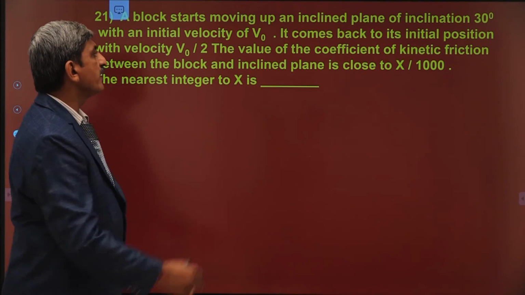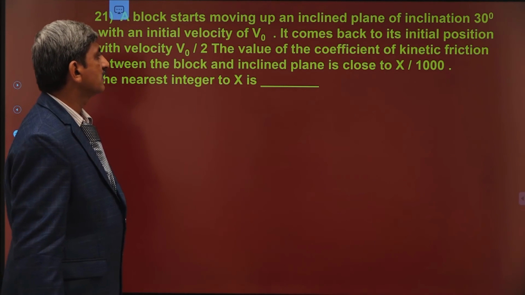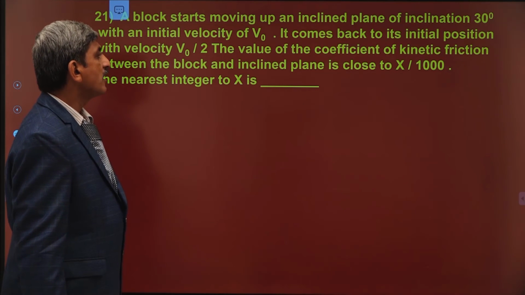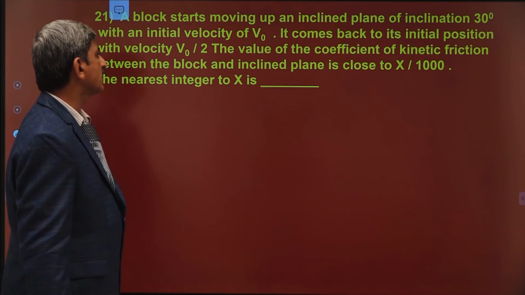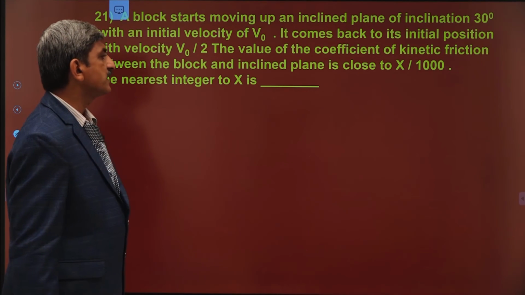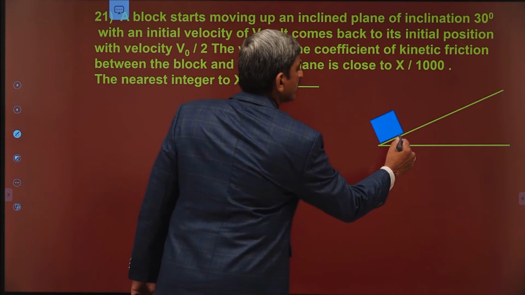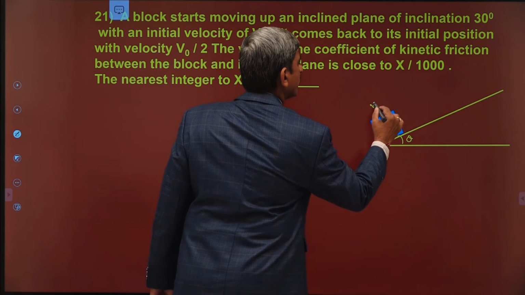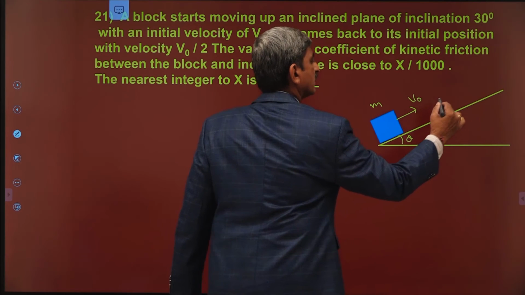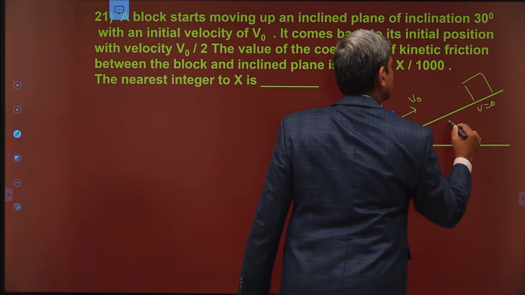A block starts moving up an inclined plane of inclination 30 degrees with an initial velocity of v0. It comes back to its initial position with a velocity v0 by 2. The value of the coefficient of kinetic friction between the block and the inclined plane is close to x by 100. The nearest integer to x is dash. See here, we have an inclined plane of inclination theta on which a body is placed. It is moving up with a velocity v0, and the body comes to rest after traveling some distance, say s.